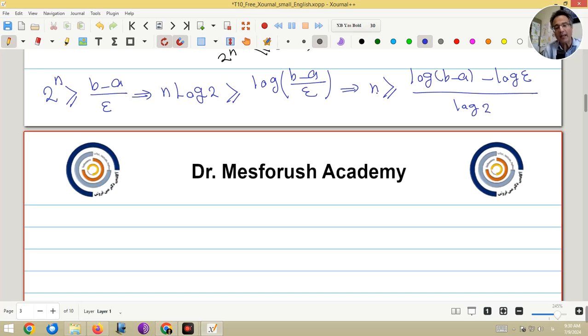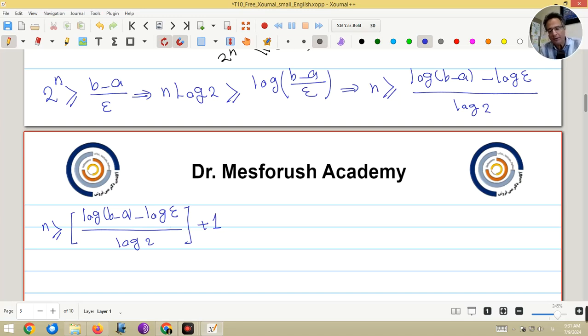Because n should be an integer, n should be greater than or equal to the bracket of that expression, and we add 1 to the right-hand side because we want to be sure that the value we computed for n is correct.